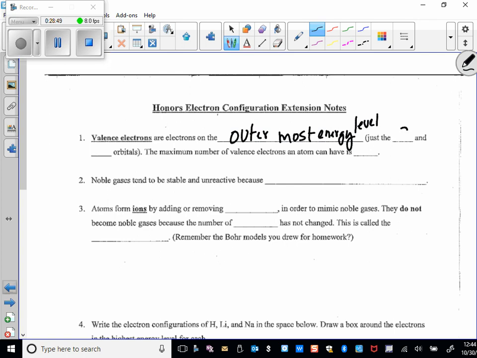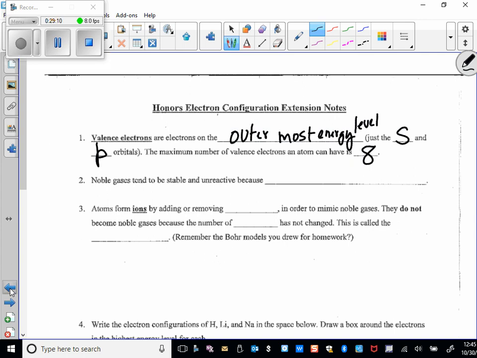They are just the s and the p orbitals. The maximum number of valence electrons, what was the maximum that we saw? 8. The maximum number of valence electrons is 8.